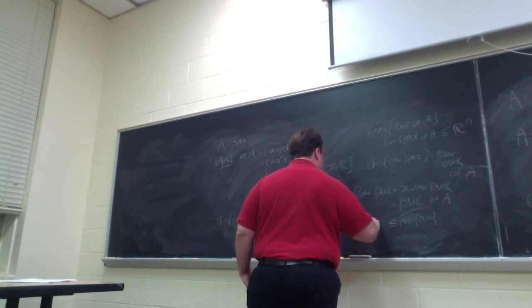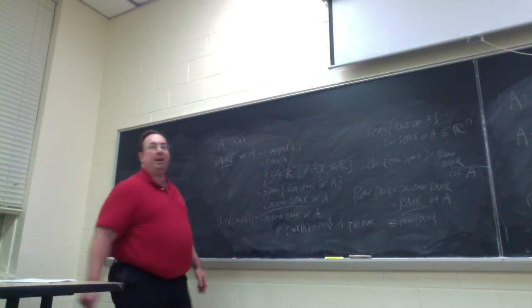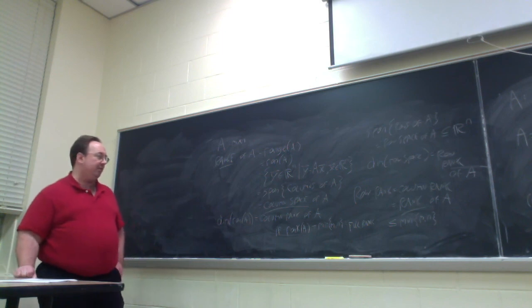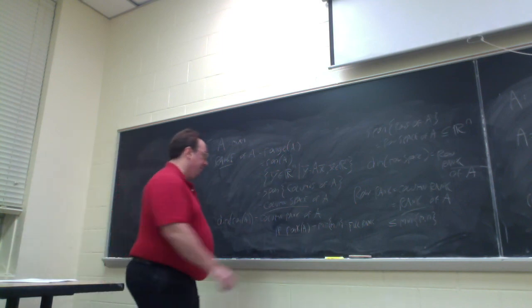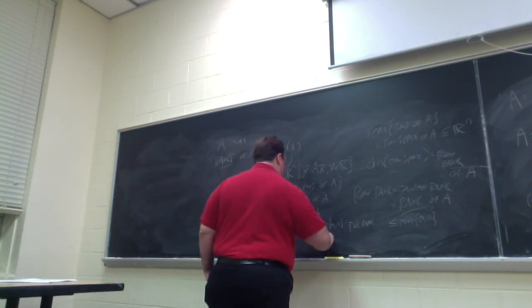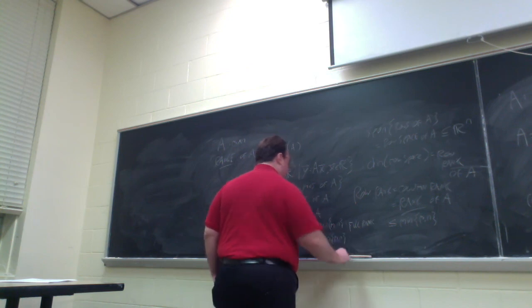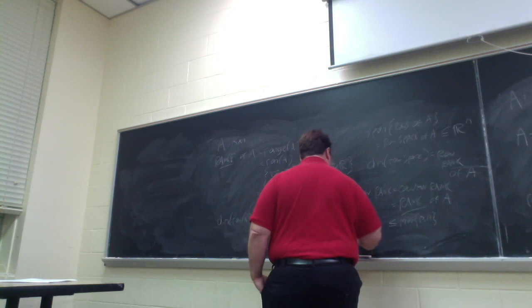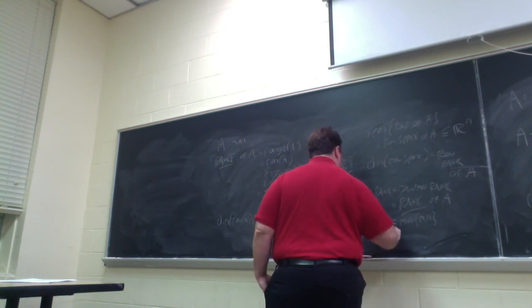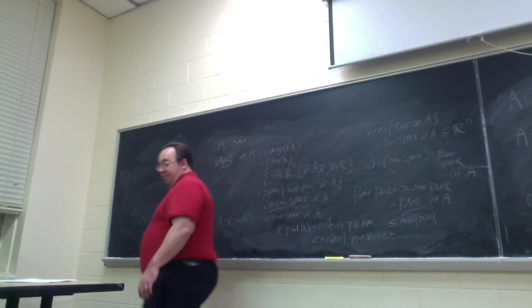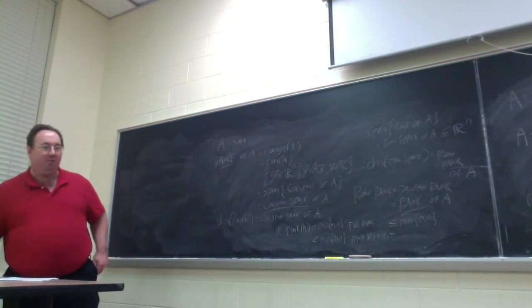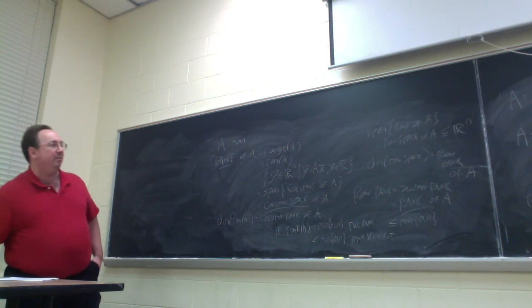In other words, it has the maximum possible rank, given its size. If the rank is strictly less than that maximum value, then we say that A is rank deficient. And rank deficient matrices are kind of a pain to deal with.